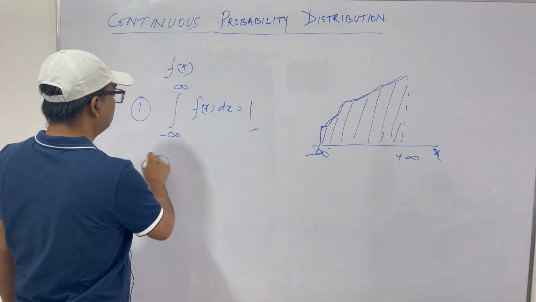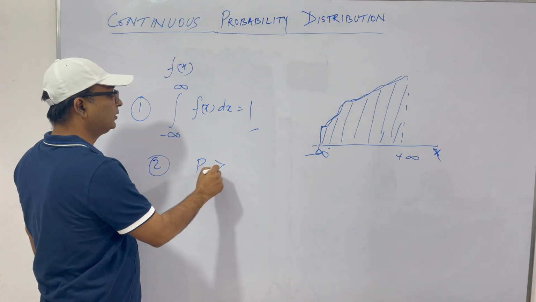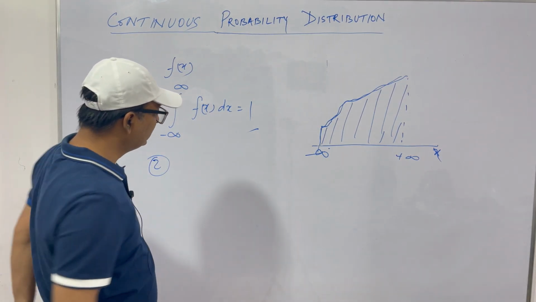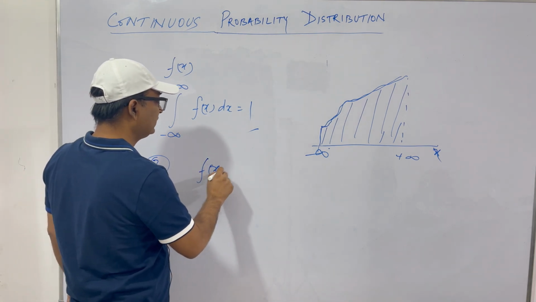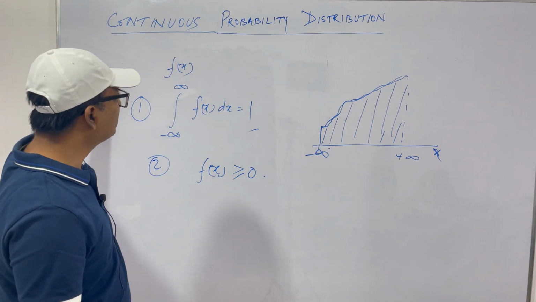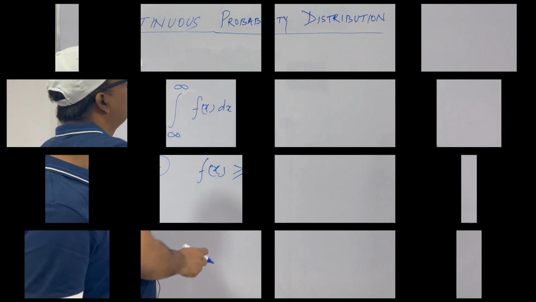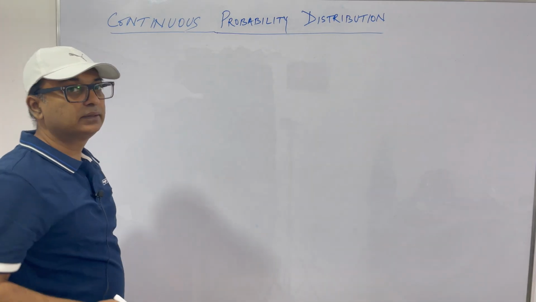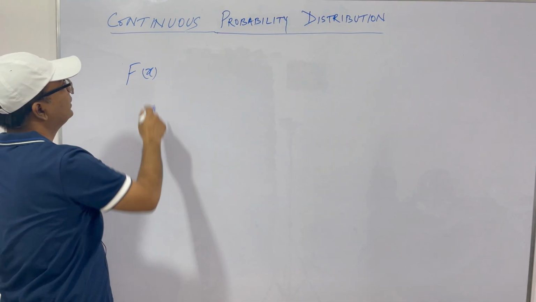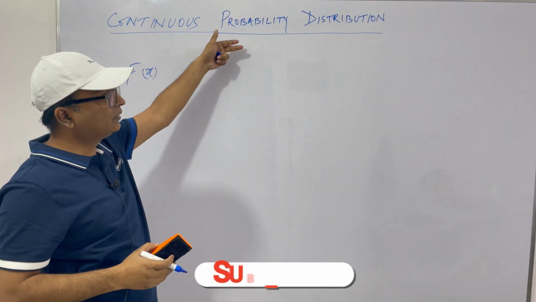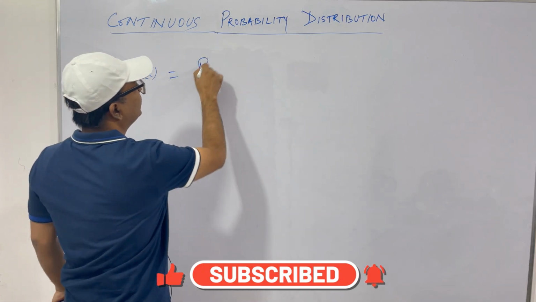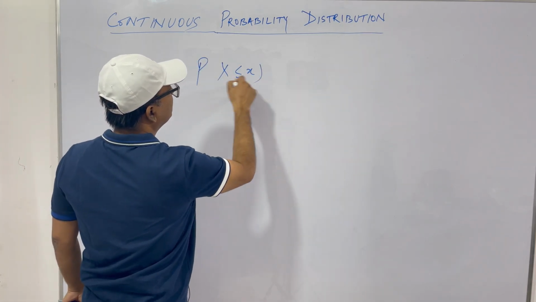The second property: there we had seen that p_i is greater than or equal to 0, that is, probability cannot be negative. Similarly, here f(x) is greater than or equal to 0. It cannot be negative. These are the properties of the probability density function. We had seen the discrete distribution function F(x). Similarly, we define the distribution function for a continuous variate, F(x) equal to the probability of X less than or equal to x.